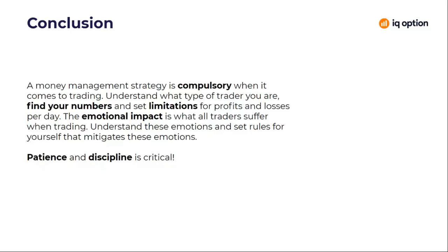All this needs patience. Wait for the entry point and for the exit point of the signal that you've analyzed. And discipline. If you've got discipline, you know when to stop, you know when to limit, you know when to decrease those emotional impacts that come with trading.